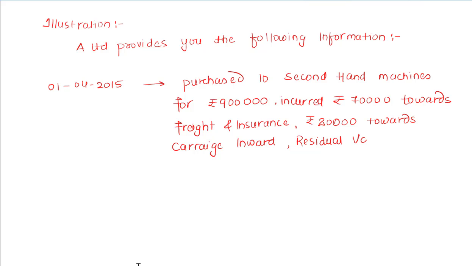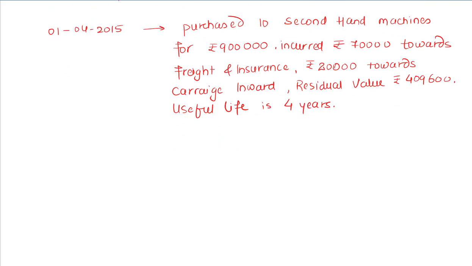Residual value is rupees 4,09,600 and useful life is 4 years. I believe you must have understood this.